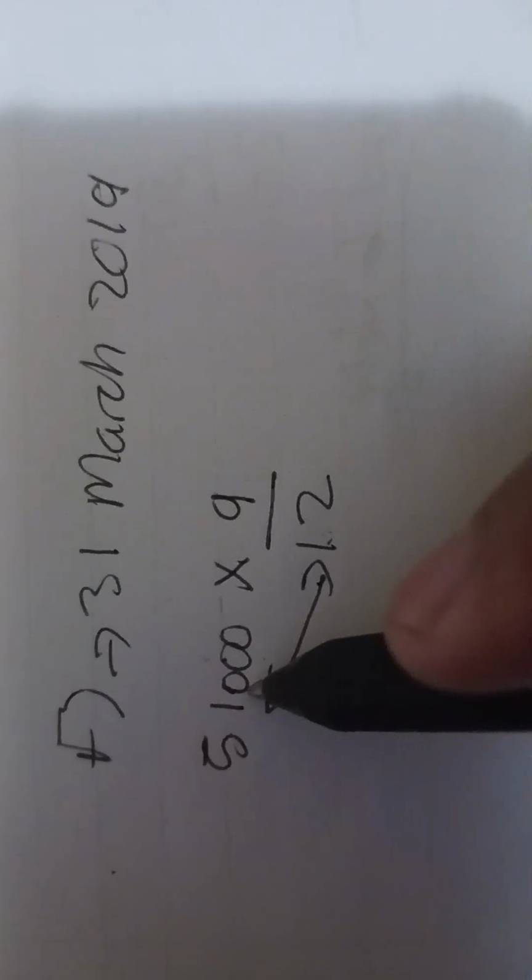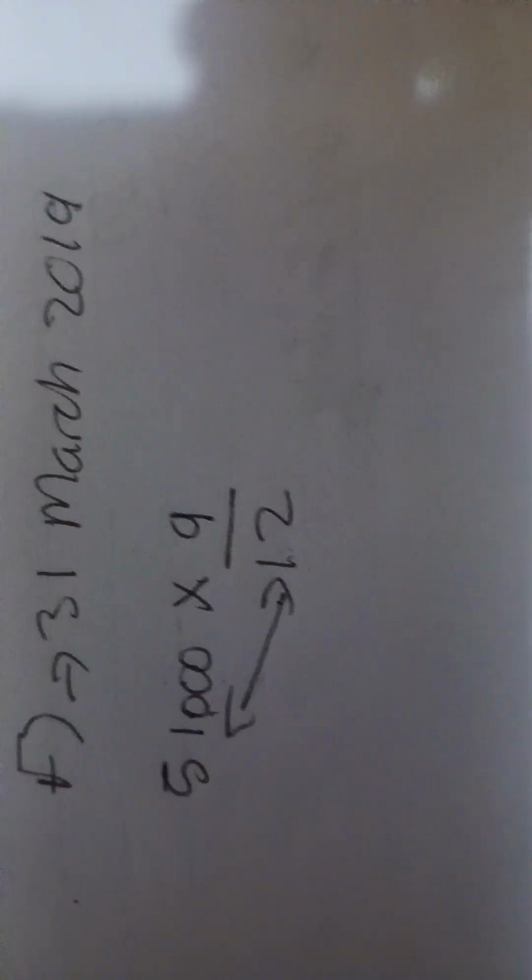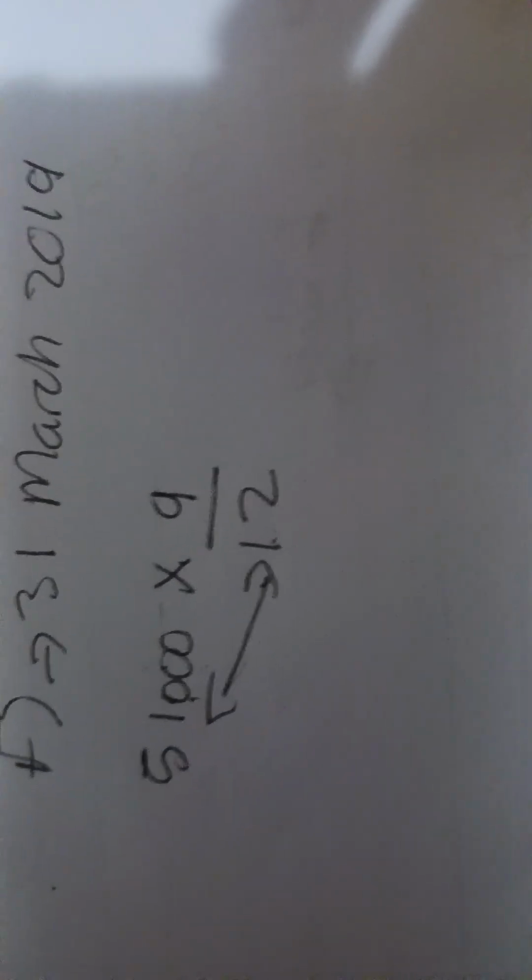We have 12 months, and this 51,000 represents the full annual premium. Now we're looking for the 9 months outside of our financial year. So prepaid expense becomes 51,000 multiplied by 9 over 12. We have 38,250.